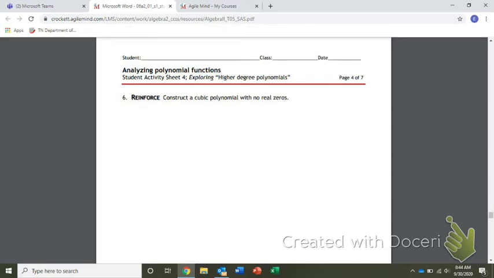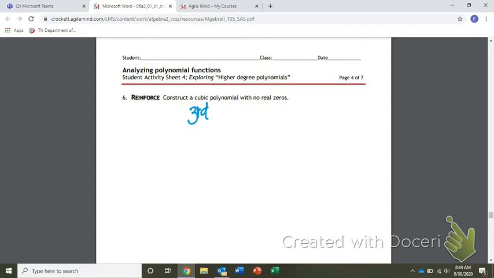All right, number 6. It says construct a cubic polynomial with no real zeros. Okay, so you have to remember a cubic polynomial is a 3rd degree polynomial. At the beginning, we wrote what odd degree polynomials could have.